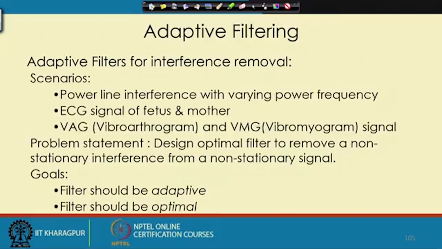Sometimes we may be interested to check the health of the fetus, and we would like to take the ECG from the fetus, but in that case also, even if we put the probe on the abdomen of the mother, because the mother's ECG is stronger, it will again ride on the fetus ECG and act as an interference there.